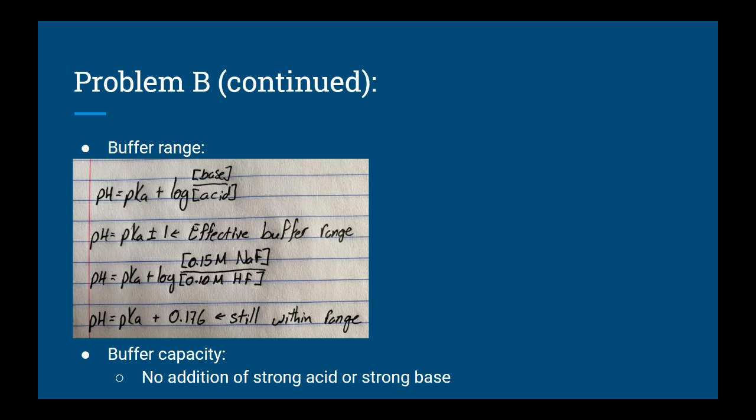We implement our concentrations into the indicated equation and find that the log of the concentration comes out to 0.176, which is still within range. Since no strong acid or strong base were added, we need not determine the buffer capacity. Therefore, mixing these two solutions does result in a buffer.